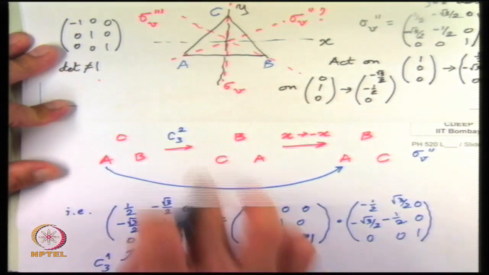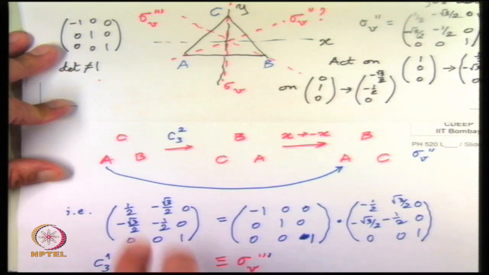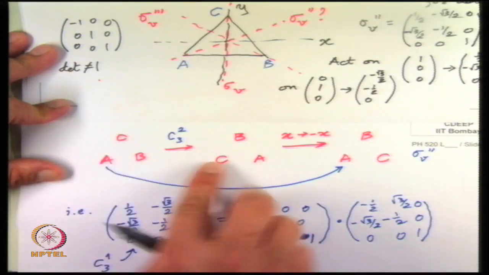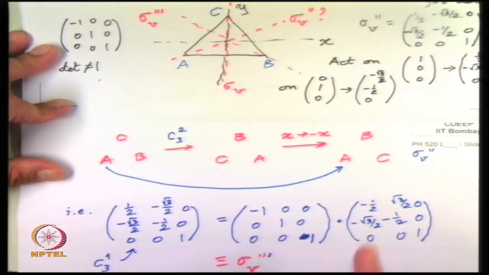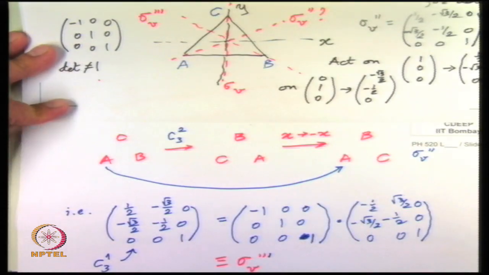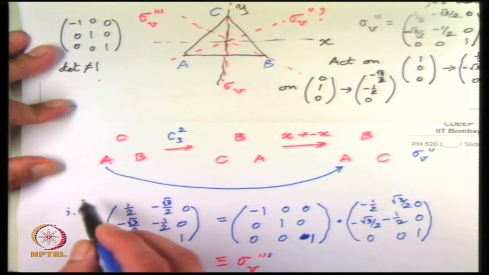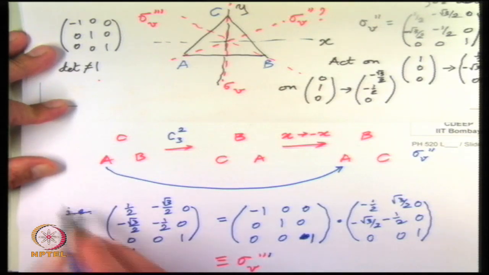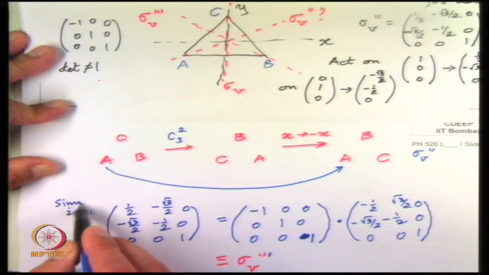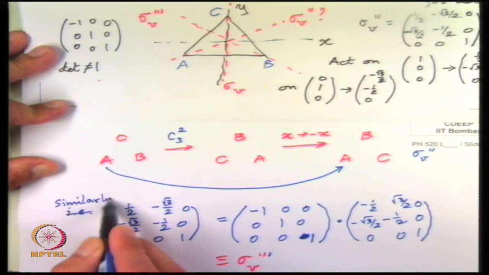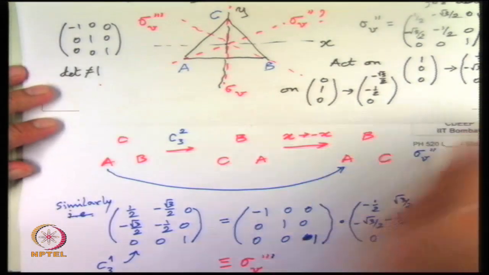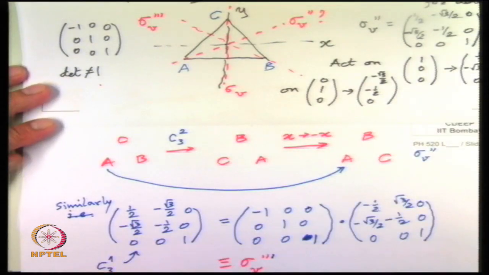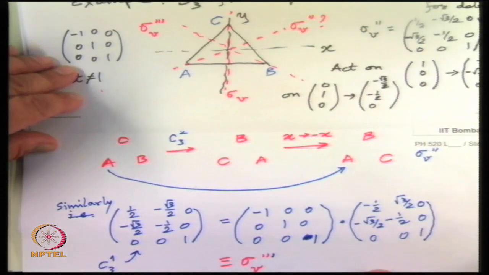And for this, the corresponding pictures, I don't want to draw too many. ABC was turned like this, now it has to go like this, and then flipped x to minus x, so you will then get sigma V triple prime. Similarly. Okay, so by taking care of the directions of rotations and the flip, we can get all the matrices.